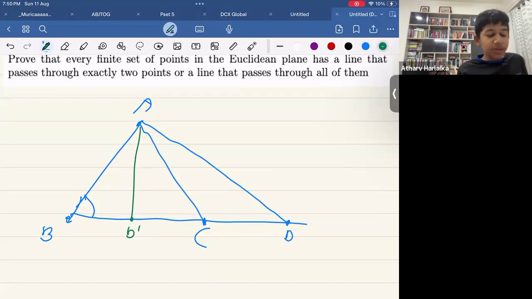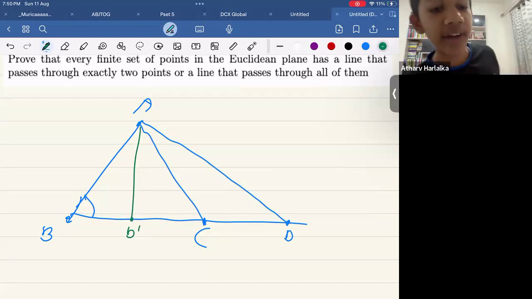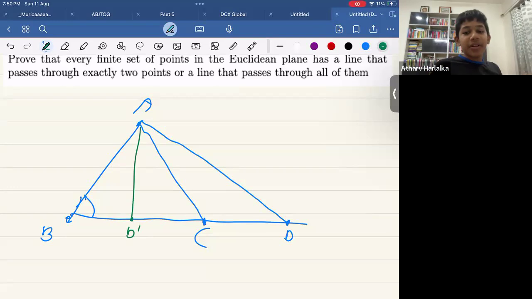Let's say finding something which has a smaller angle value. That's a very nice idea. But the thing is, it doesn't work, because you can explicitly construct cases where it doesn't work.